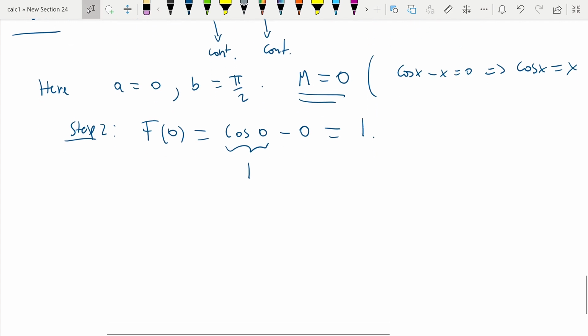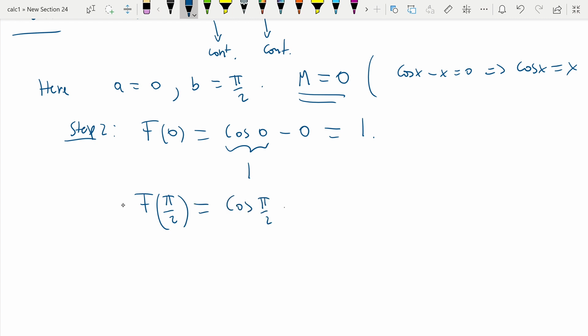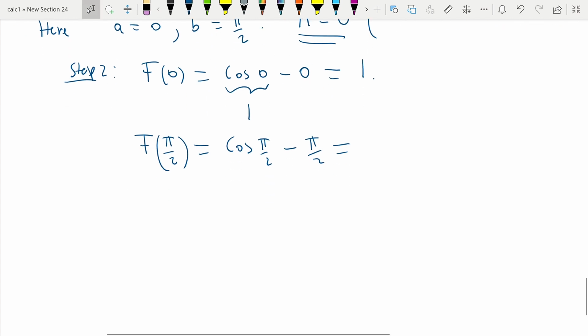What about f of pi over 2? Cosine of pi over 2 minus pi over 2 is equal to, well, let's look at cosine of pi over 2. This is equal to 0 minus pi over 2. This is minus pi over 2.